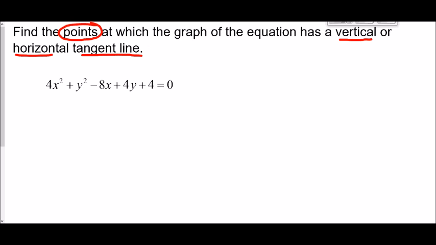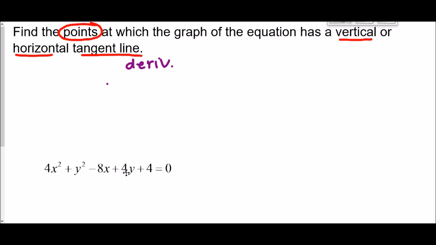Okay, tangent line, all that means is I'm taking the derivative, which we pretty much know anyways, because this is a calculus problem, not just an algebra problem. So tangent line means derivative. Vertical, I'm going to move the equation down a little bit because we don't need that yet.